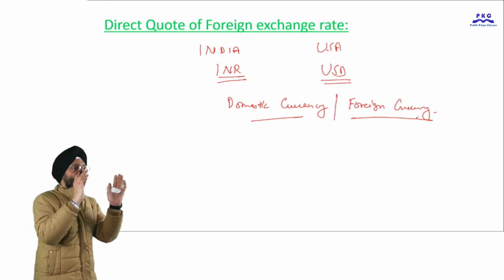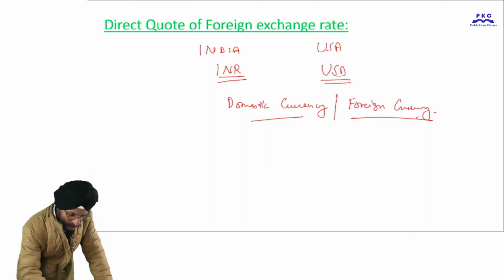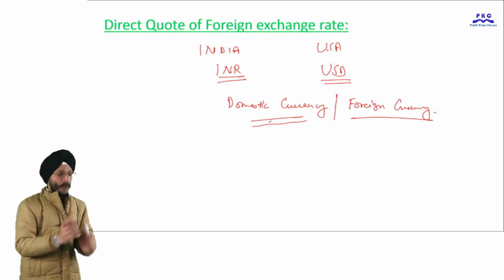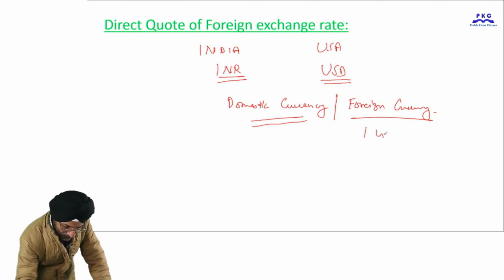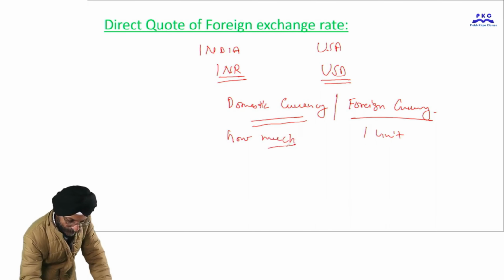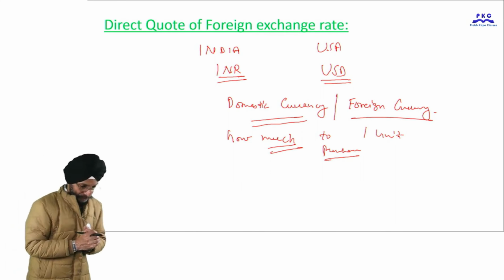When we are giving the direct quote, it means how much domestic currency is required to purchase 1 unit of foreign currency.